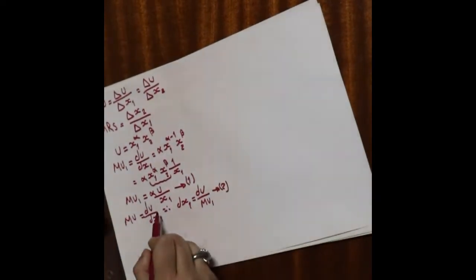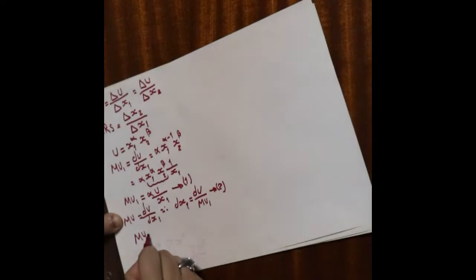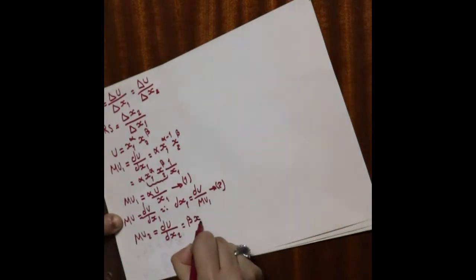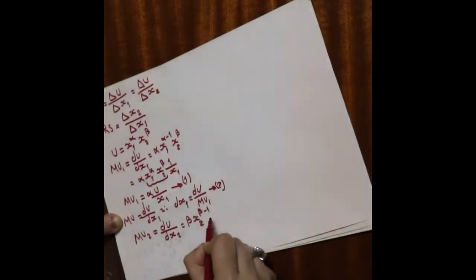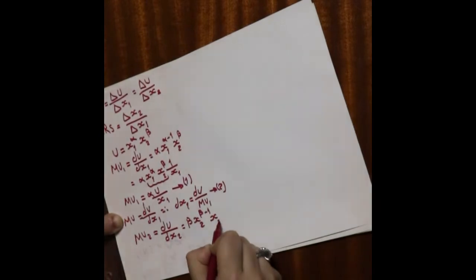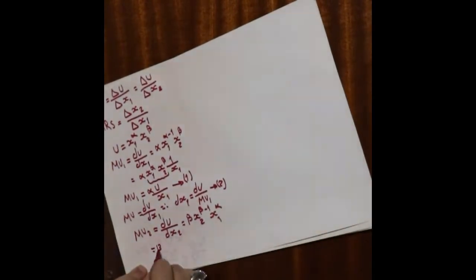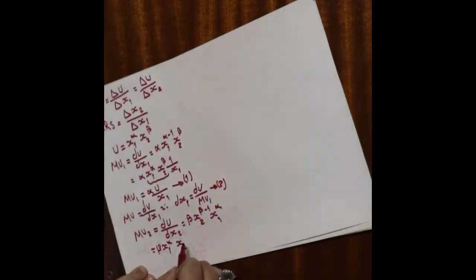For x2, MU2 equal delta U over delta x2 equal beta x2 power beta minus 1 multiplied by x1 power alpha, equal beta x1 power alpha multiplied by x2 power beta multiplied by 1 over x2.